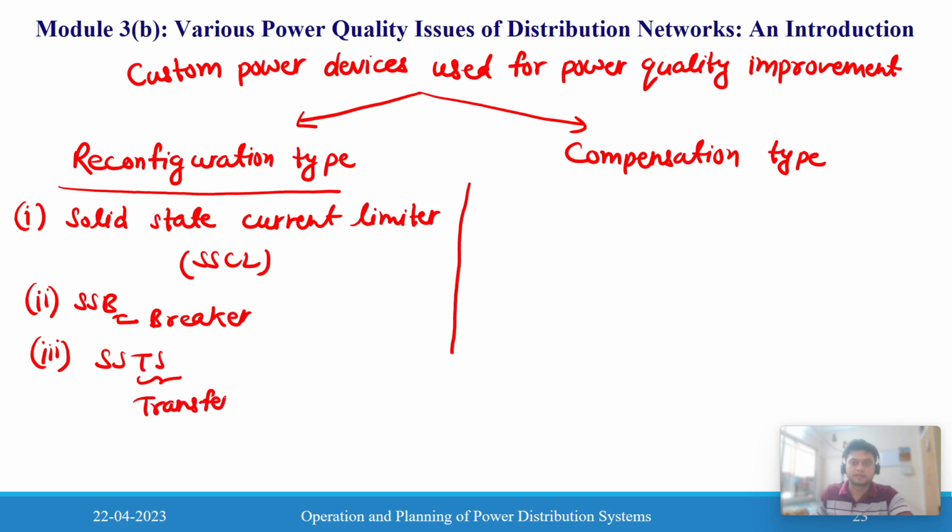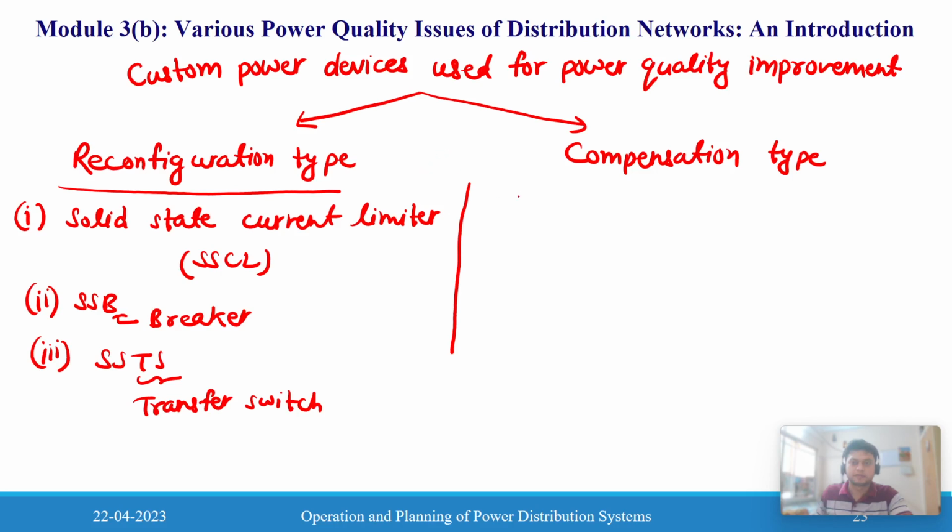These reconfiguration types are network configuration devices that are usually called switchgear, and they include current limiting, current breaking, and current transferring devices.